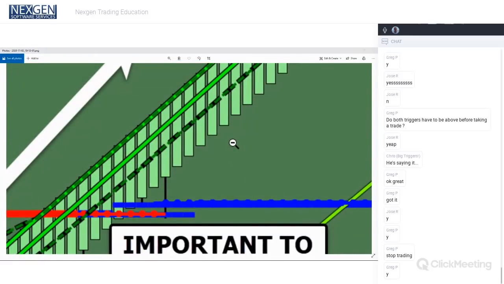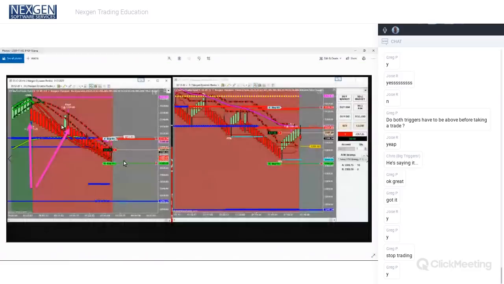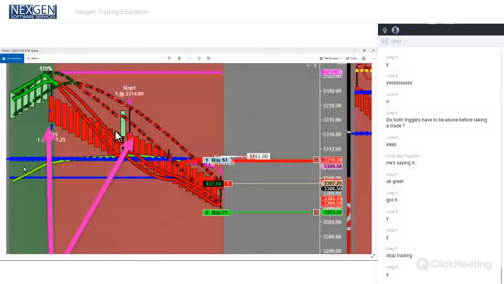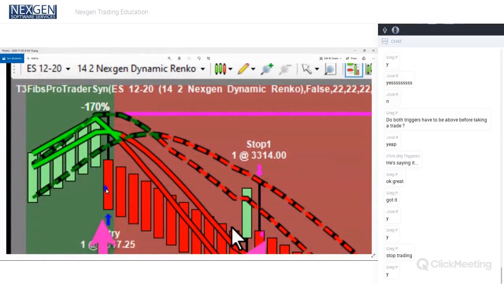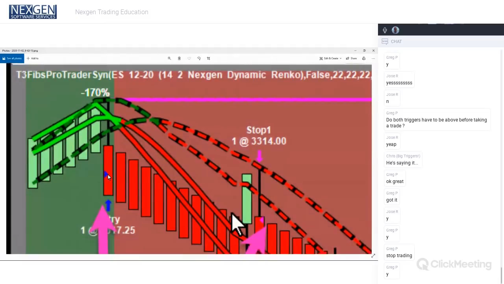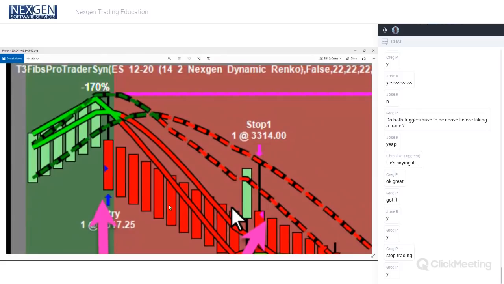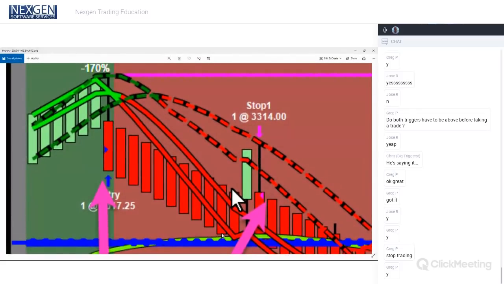And if you guys remember that last picture, and again, I'm not trying to pick on anybody for any reason, but when you see people's pictures and you see them trading weak triggers on the wrong side of the triggers and there's no fib there helping, it's like floating out in space hoping for the market to go up, and that's not very supportive. And what happens is you end up losing a bunch of money.